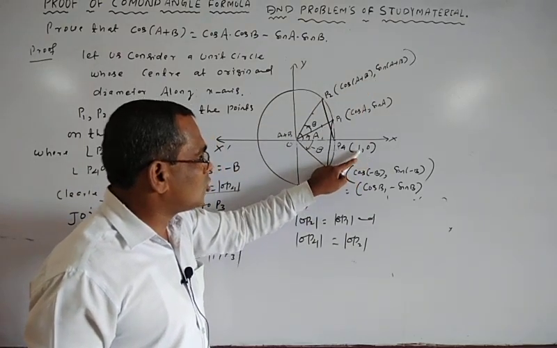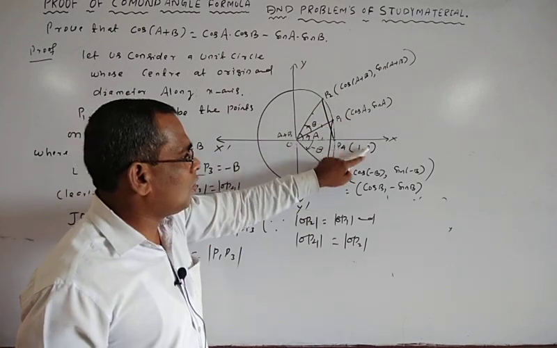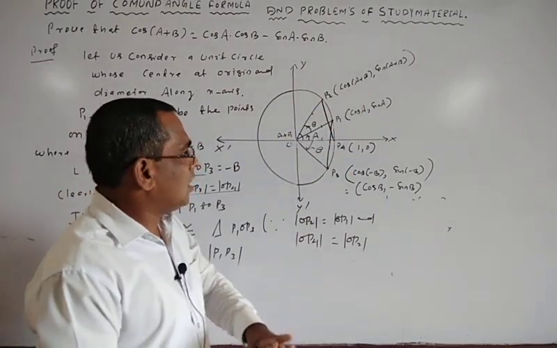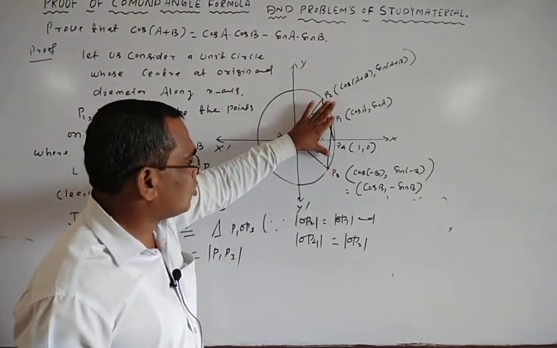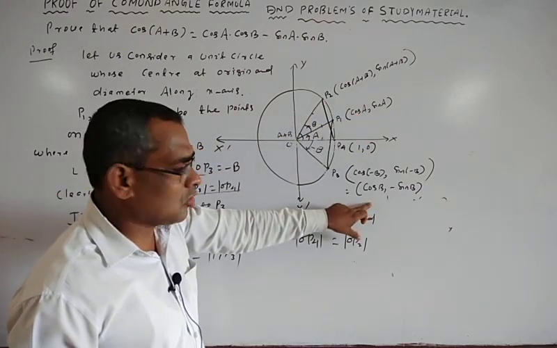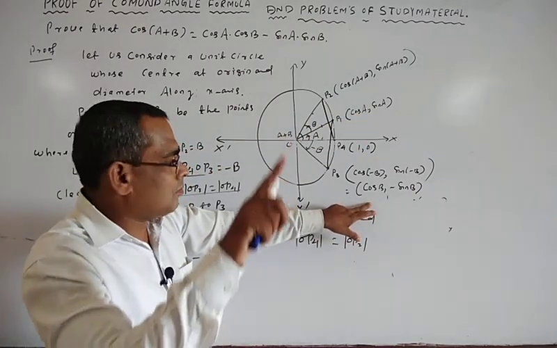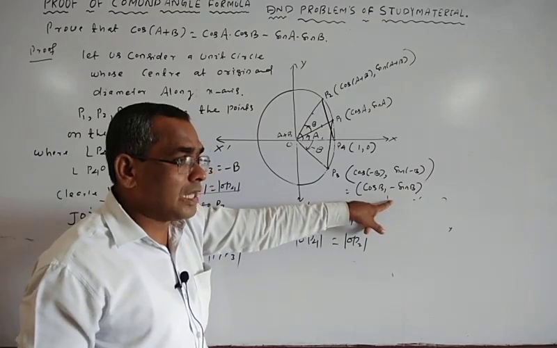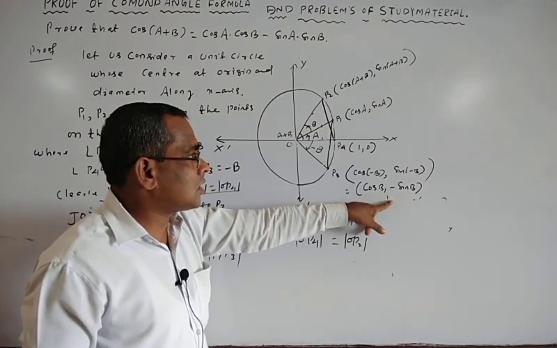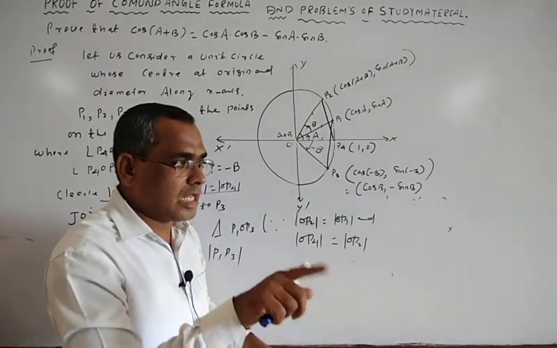So x2 minus x1 squared plus y2 minus y1 squared. And its distance P1P3 is equal to (cos a minus cos b) squared plus (sin a minus of minus sin b, that is sin a plus sin b) squared, under the square root.